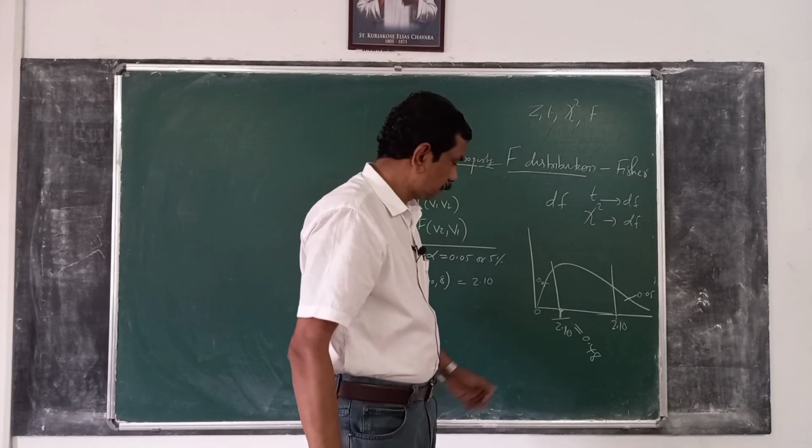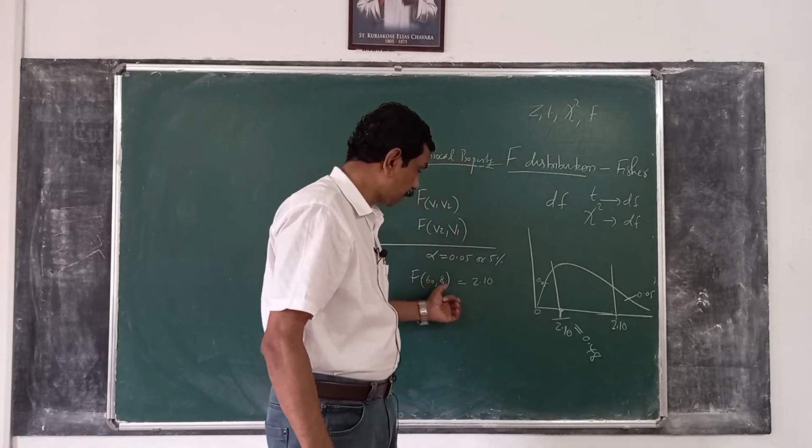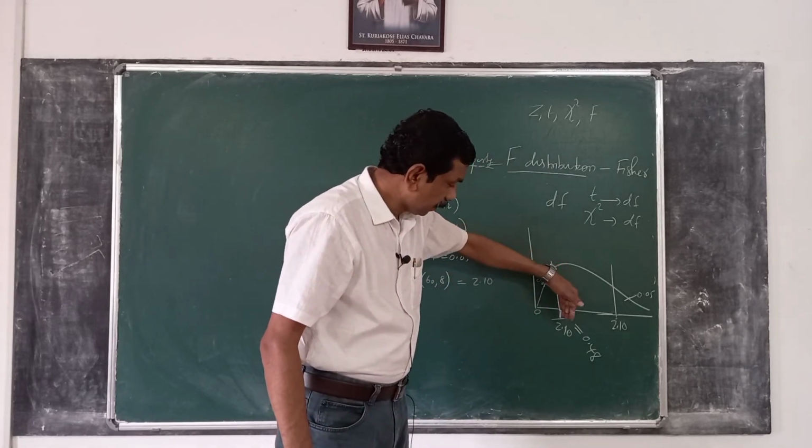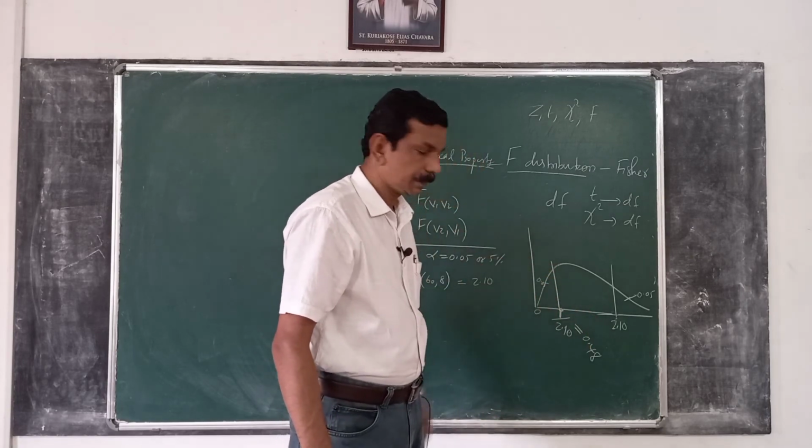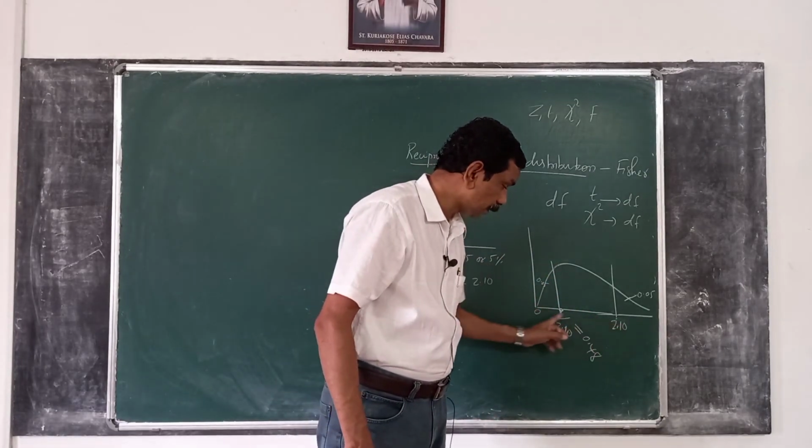That is, for degrees of freedom 60 and 8, only 5% of the area is between 0 and 0.48. That is the reciprocal of 2.10.